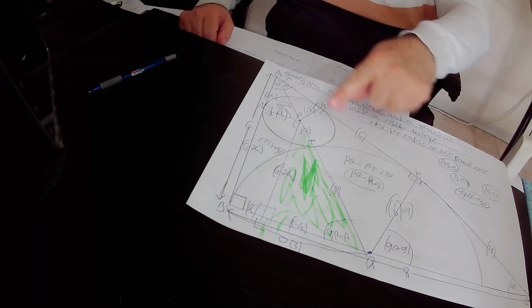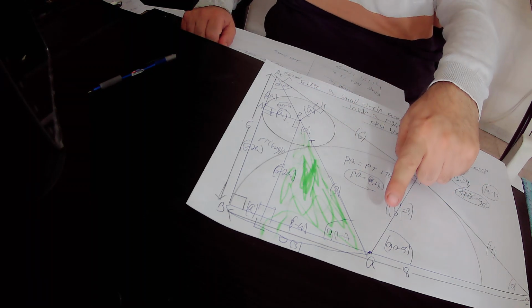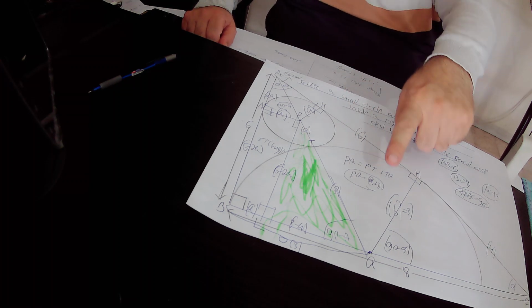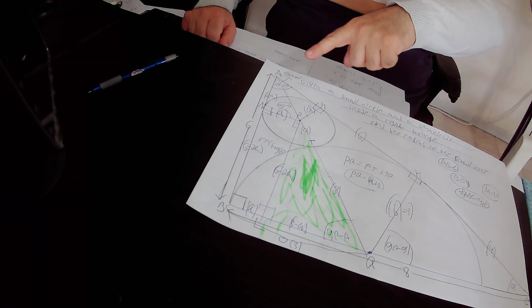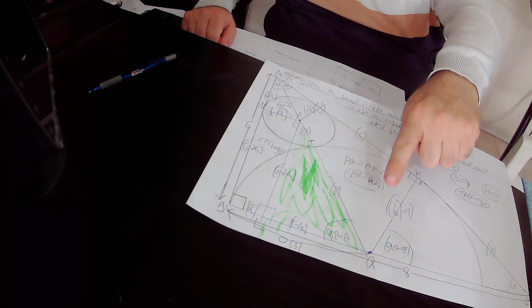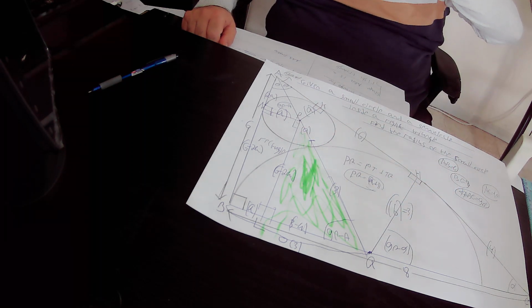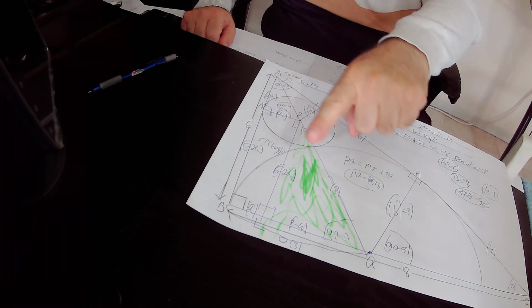If line segment APQ is one straight line, it means that AQ is also a straight line. If AQ is a straight line, it means that shape ABQ is a right triangle.